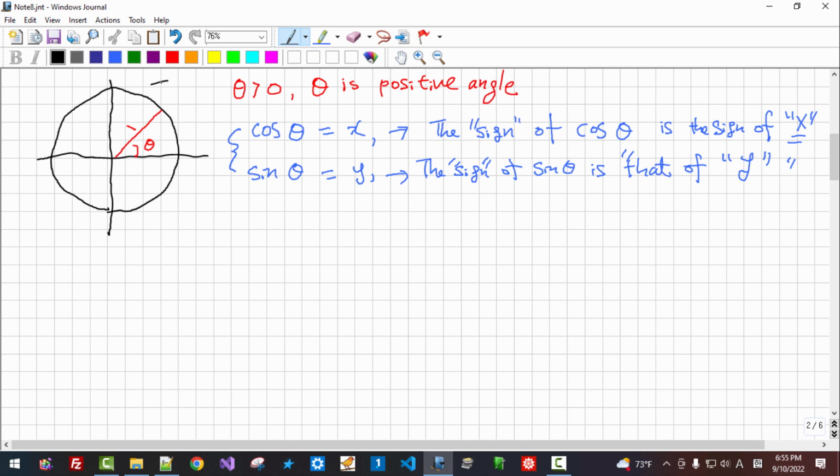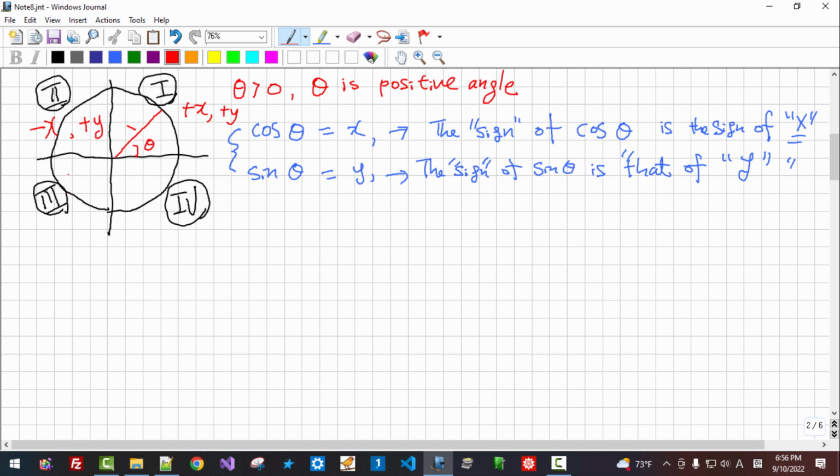This is the first quadrant. This is the second quadrant. This is the third quadrant. This is the fourth quadrant. In the first quadrant, x is positive, y is positive. In the second quadrant, x is negative, y is positive.